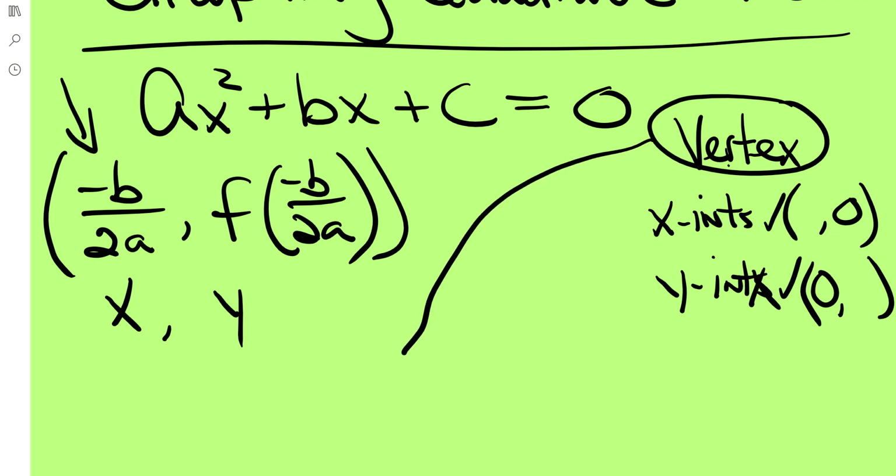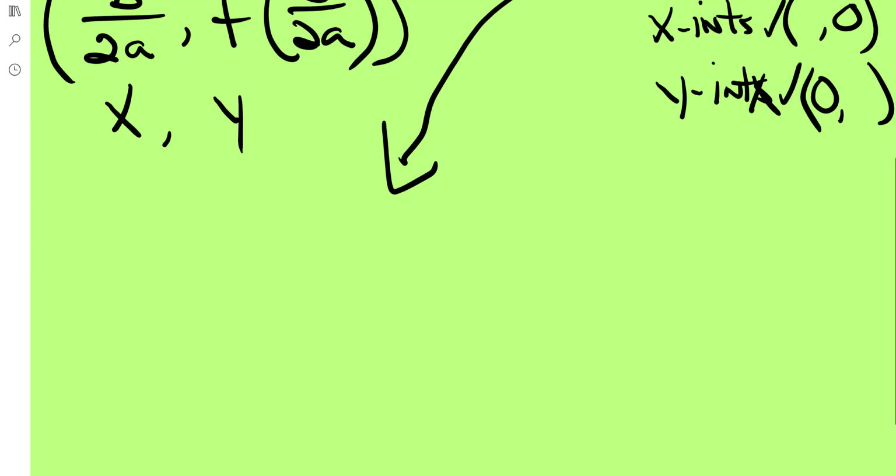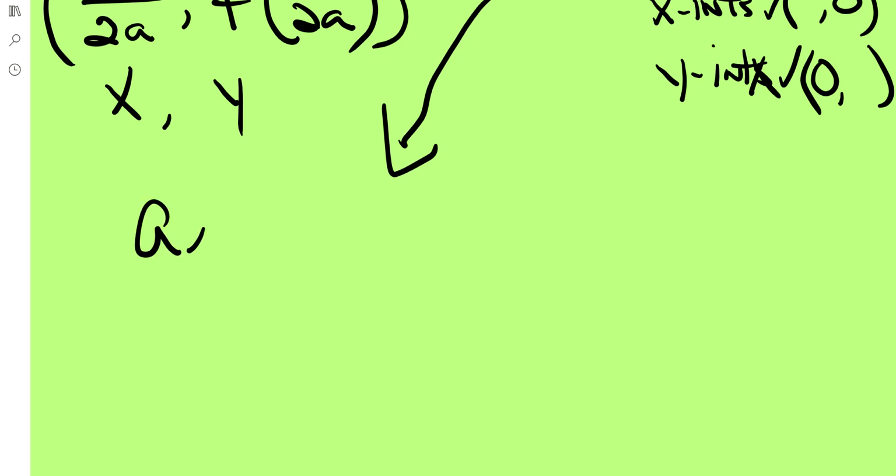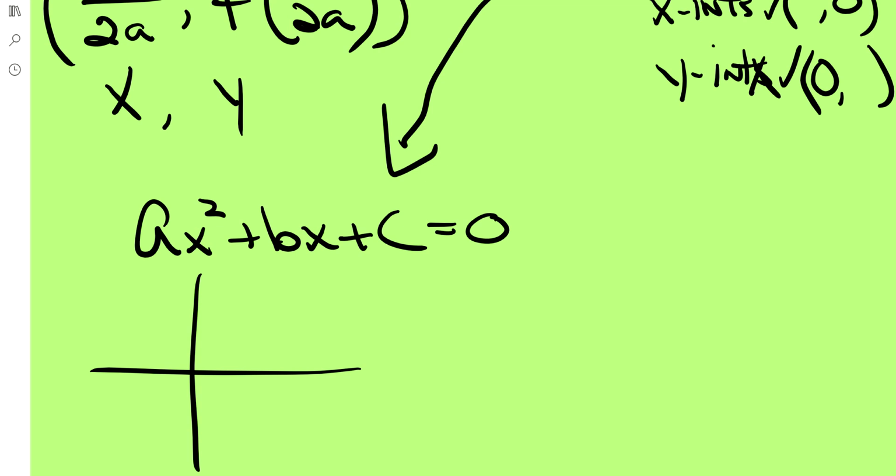A couple more things about the vertex. If I have ax squared plus bx plus c equals 0, and I'm graphing this, then if the a is positive, that tells me my graph is going to open upwards. The vertex lies here at the bottom of the bowl.